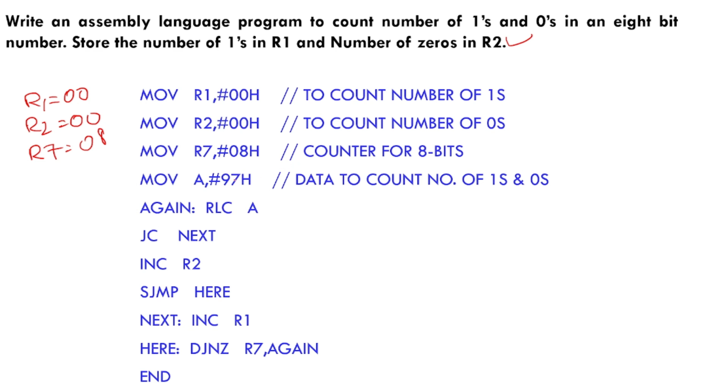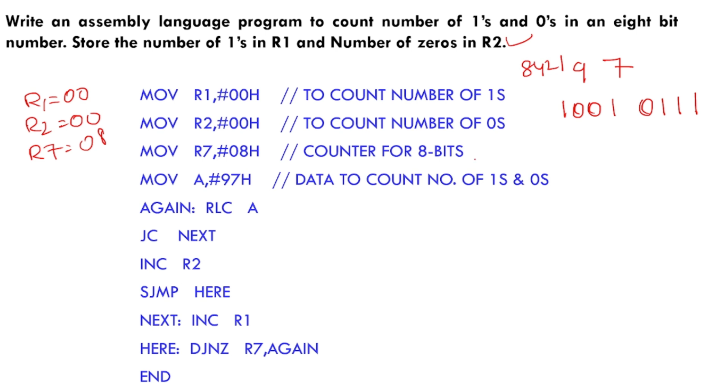Right. Now the next is I'm transferring the immediate value 97 to A, right? So 97. How will you write it? 8421: 1 0 0 1 0 1 1 1.